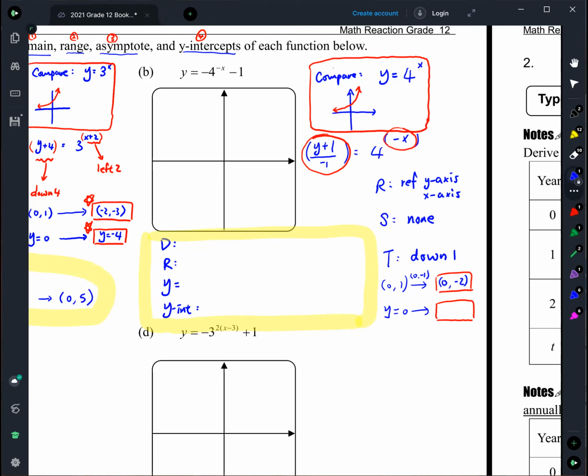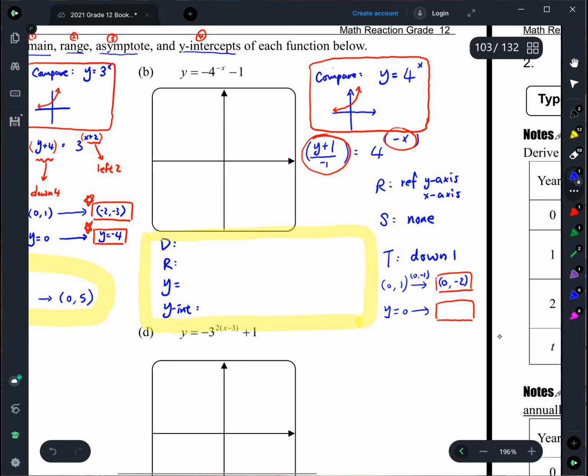Okay, what about the asymptotes? How do we get the new asymptotes? Susan, you want to give it a try? What do you have for the new asymptote? Do we plug 0 into x? 0 into x, that's for finding y-intercept.